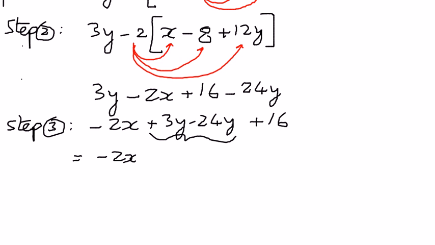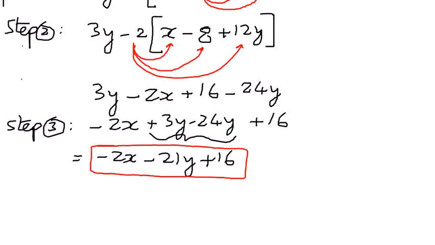Positive 3y minus 24y will be negative 21y plus 16, and this is our answer. This is where we want to leave it. x is a different variable, y is a different variable, and 16 is a constant term. There are no more terms to combine in here, and therefore that is our answer.